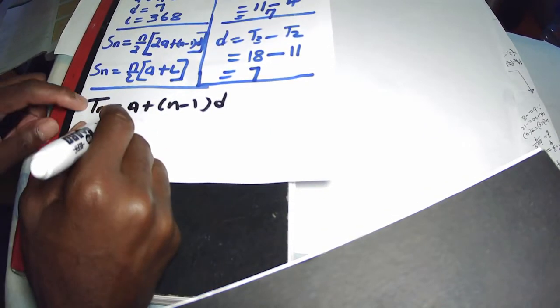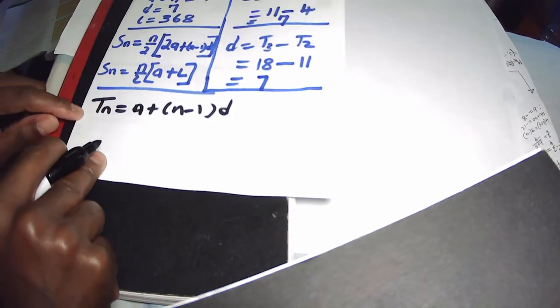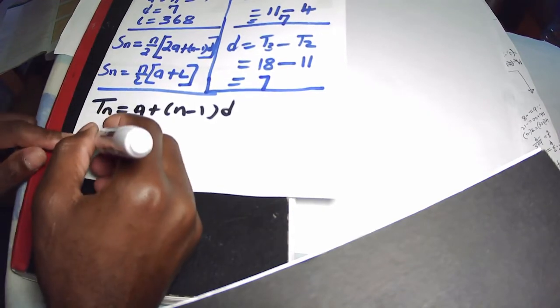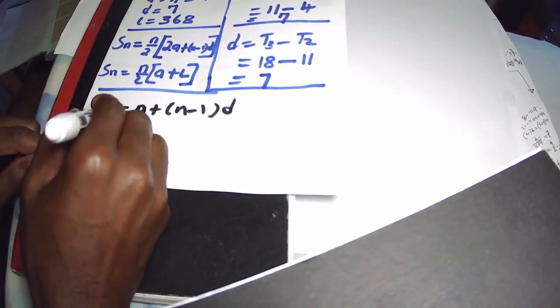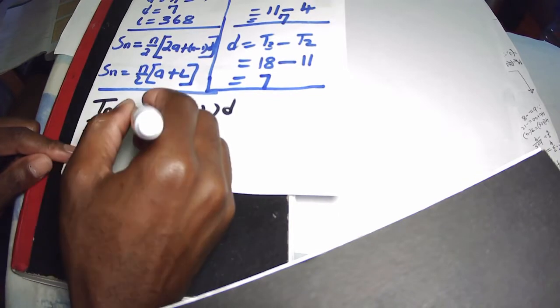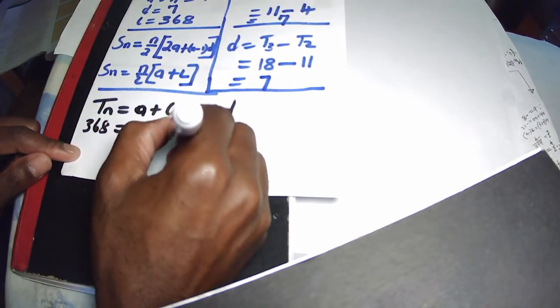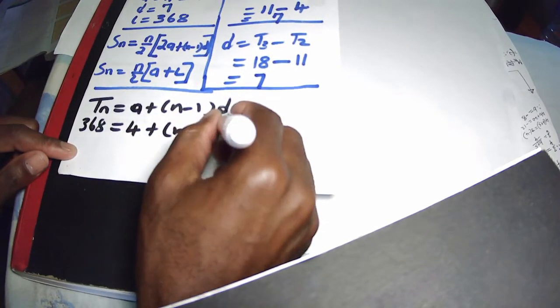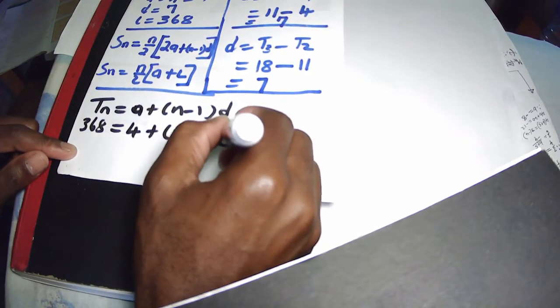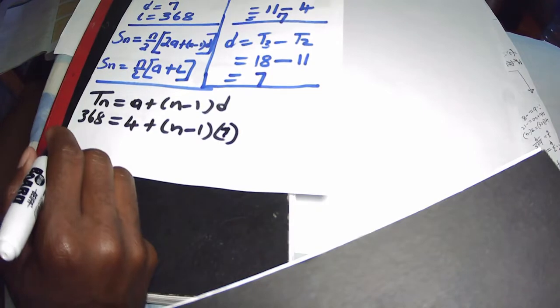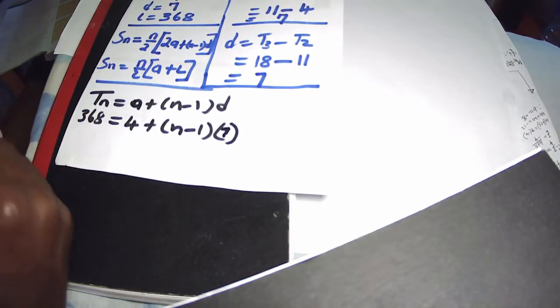Tn is the last term, so the last term, 368, is equal to 4 plus (n minus 1) times d, where n is what we are looking for. d is 7.